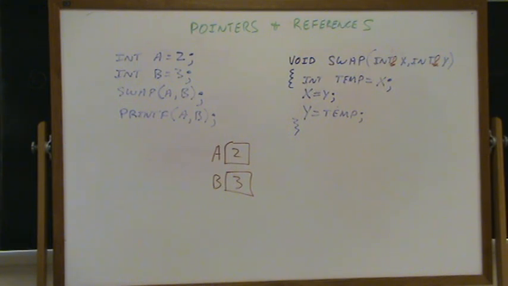Then X would be referring to A. Right, so our goal is to have X referring to A. So we're receiving them as references, and what would we have to pass into them?